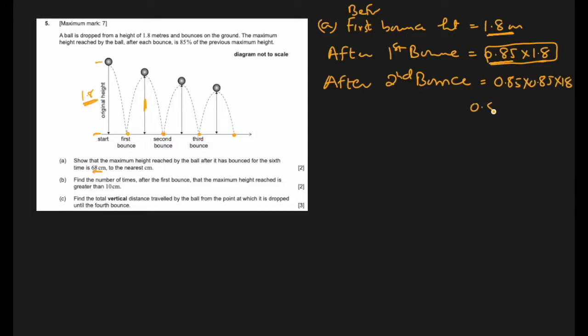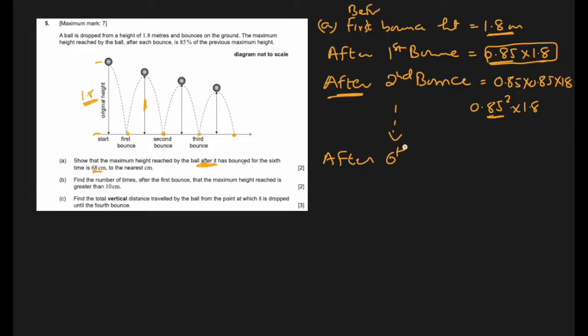Which is 0.85 squared times 1.8. It means this exponent will keep on going till the sixth. They're saying maximum height reached, here, bounced for the sixth time, and after that, after it bounced, we'll keep on the same pattern.